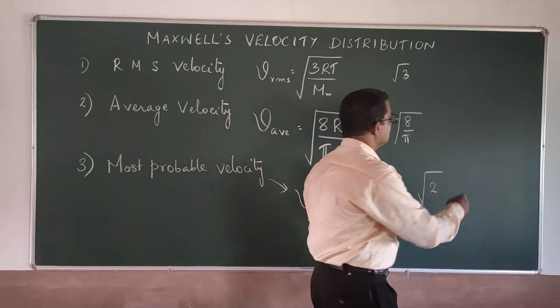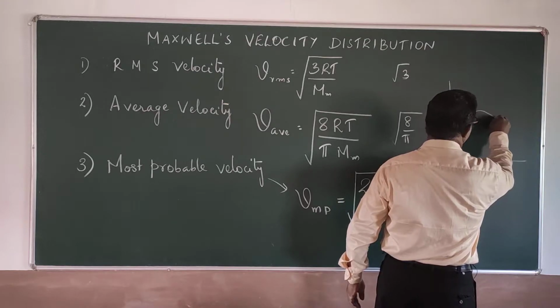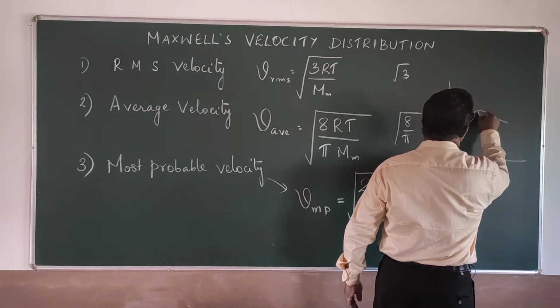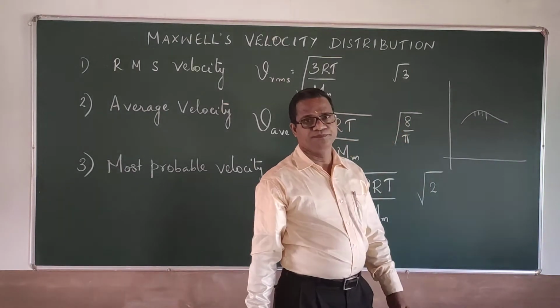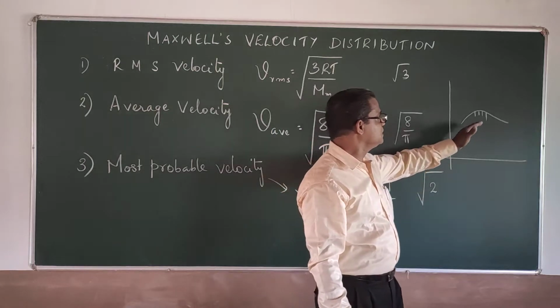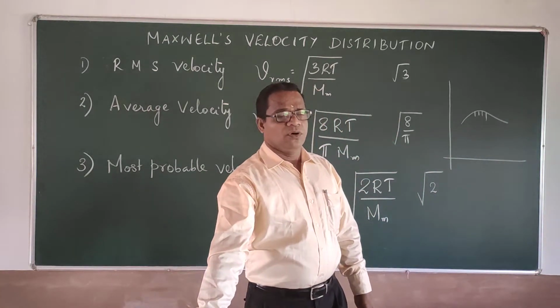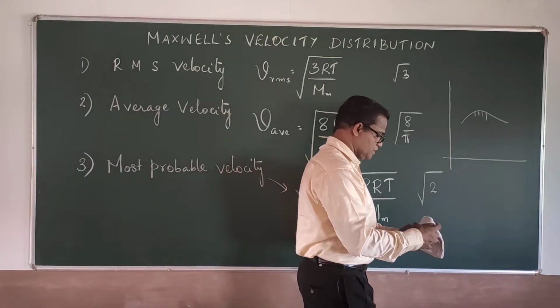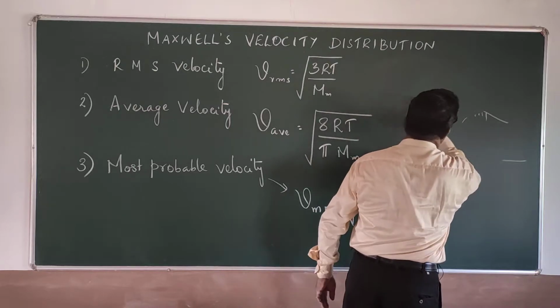If you take the graph of these velocity distributions, the three velocities will be very close to each other. So we call it the distribution of velocities. Now, these are the equations that you are supposed to memorize.